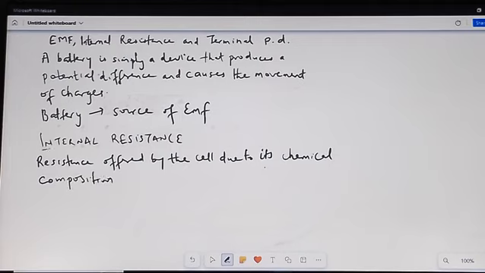That is the definition of internal resistance of a cell.